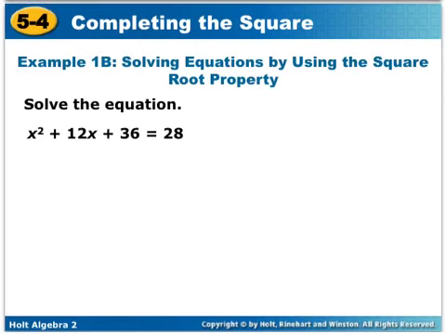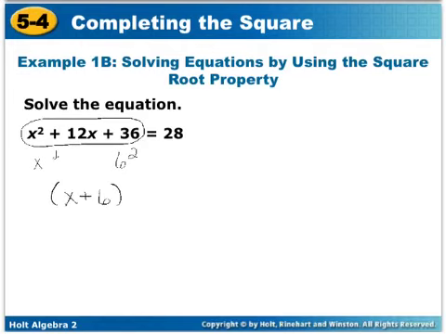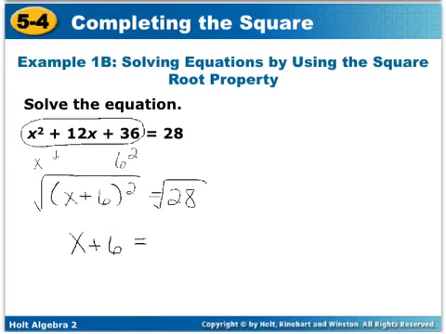If you recognize, this right here is a perfect square trinomial. Okay, this is x squared and 6 squared. So that can be factored into x plus 6 quantity squared equals 28. Take the square root of both sides, and I get x plus 6 equals plus or minus the square root of 28.